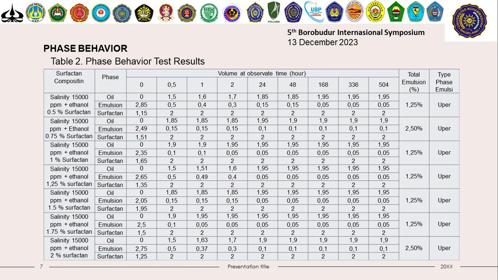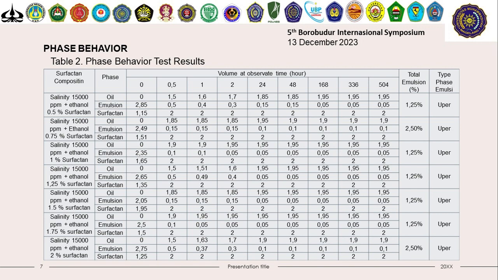Phase behavior testing is a very important part of the surfactant screening process. To see the best result, experiments were carried out with several variations of co-surfactant concentration, namely 0.5, 0.75, 1, 1.25, 1.5, 1.75, and 2% with a salinity of 15,000 ppm.